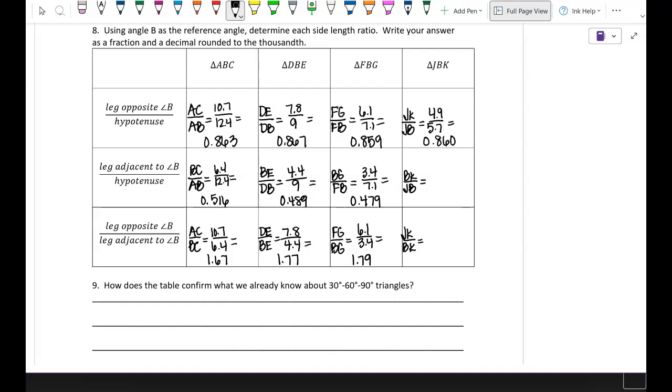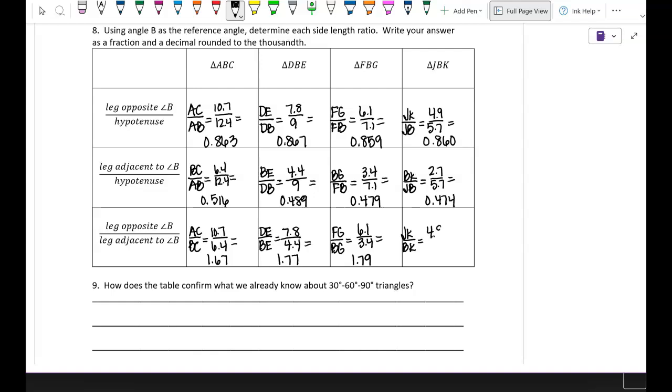And then I have 2.7 over 5.7 for the next one, which gives me 0.474.